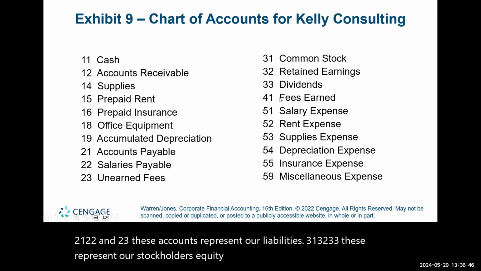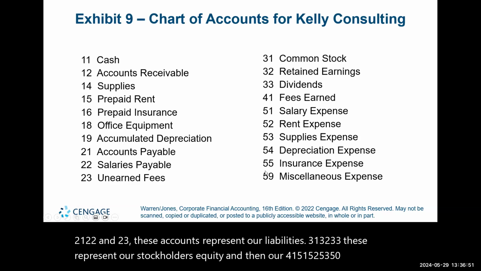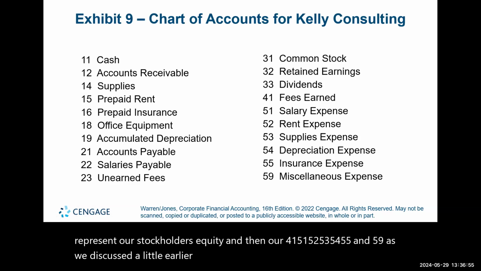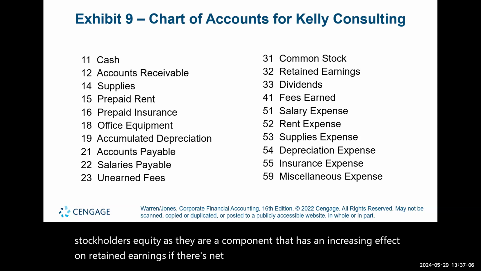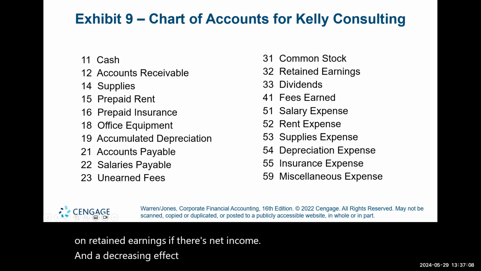And then our 41, 51, 52, 53, 54, 55, and 59, as we discussed a little earlier, these revenues and expenses also impact our stockholders' equity, as they are a component that has an increasing effect on retained earnings if there's net income, and a decreasing effect if there is net loss.